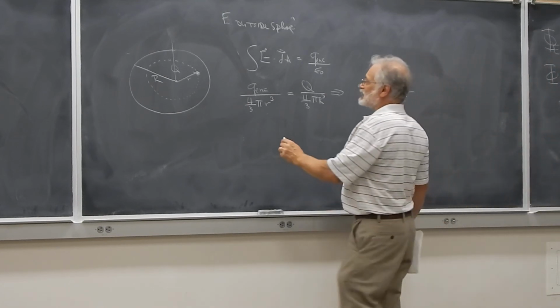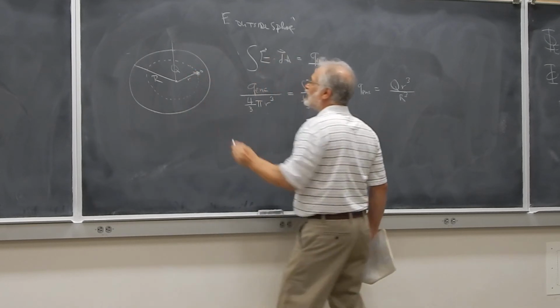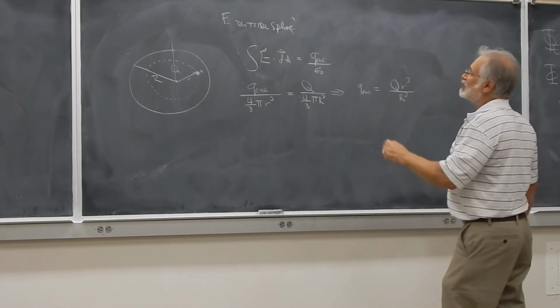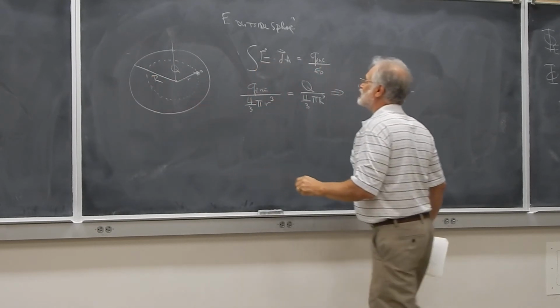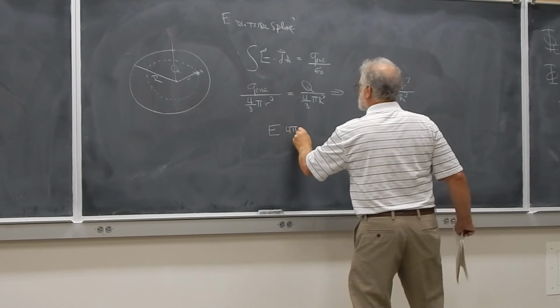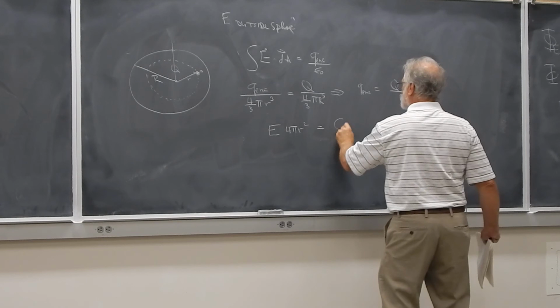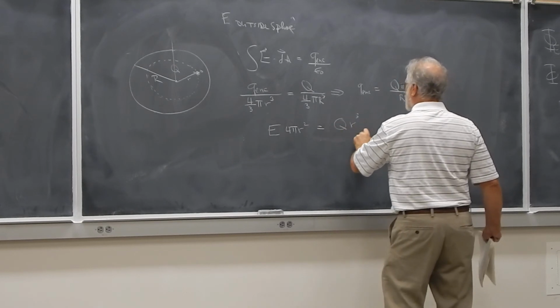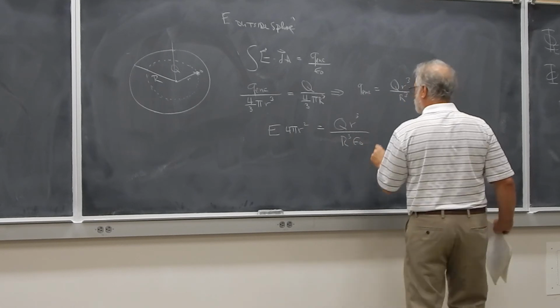Gauss's law tells me that, yes, again, the electric field at this point and the area vector are parallel. The field is constant at every point on this Gaussian surface. Therefore, I can say E times 4 pi little r squared is equal to the charge enclosed, Q little r cubed over big R cubed, over epsilon naught.